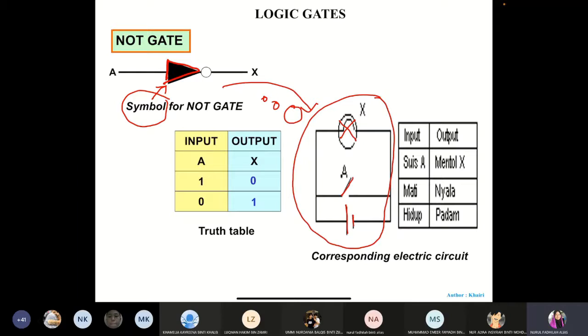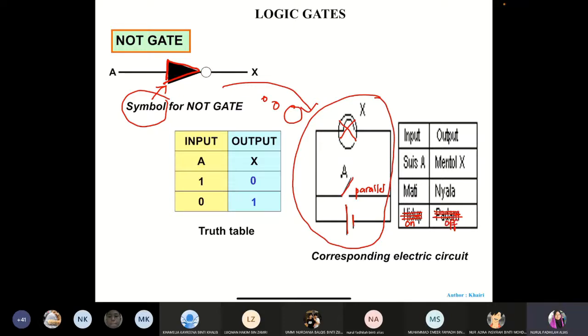So now the dry cell is parallel to the switch. So what happened if you close the switch? If you close the switch, switch A is on, kan? Make sure you know what I mean when I say close. When you close the circuit, we have a complete circuit. You switch on A, but because the switch and the dry cell are in parallel, the output is off.